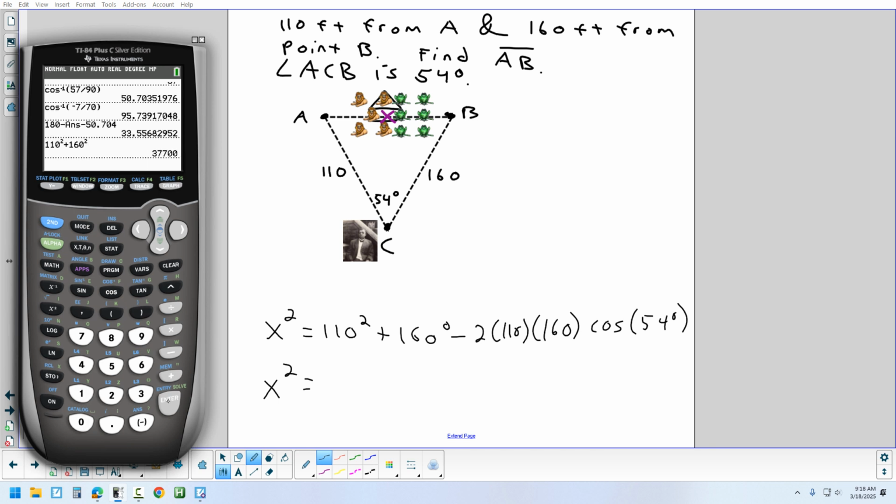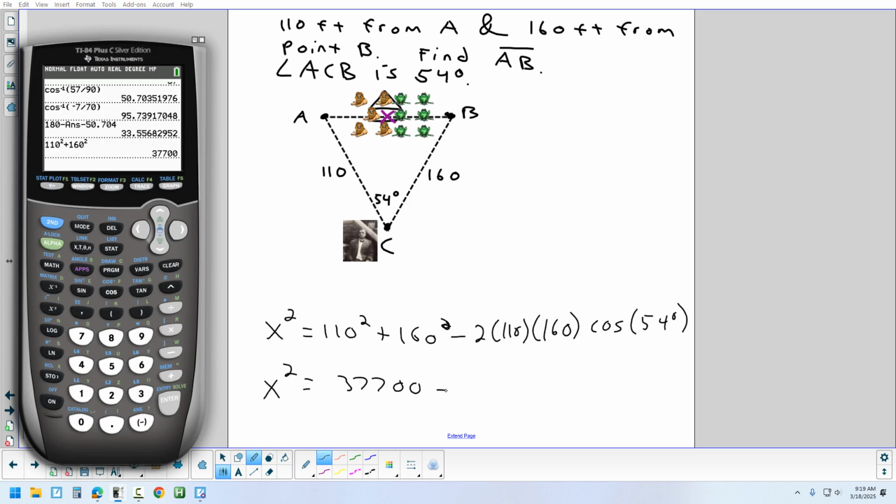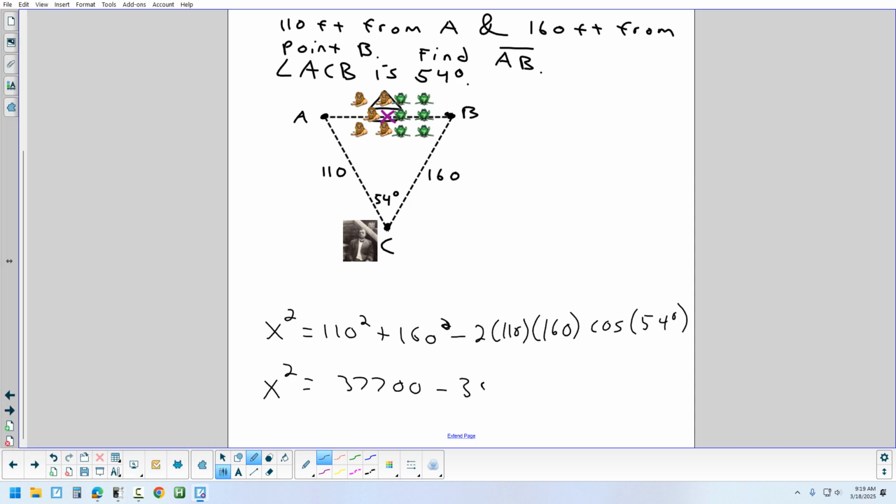Okay, so that's 37,700. Minus 2 times 110 times 160. Well, 2 times 110 is 220. And 220 times 160 is 35,200. Okay, I think we've done as much as we can do on the right-hand side without starting to round.